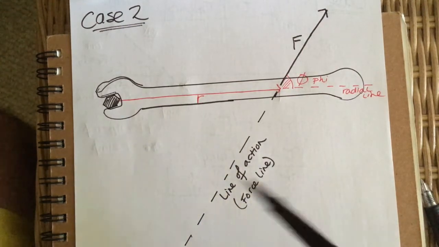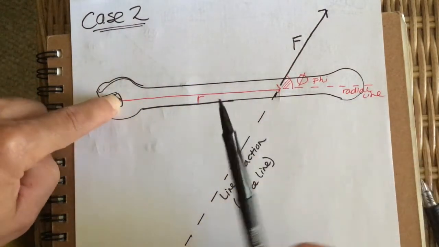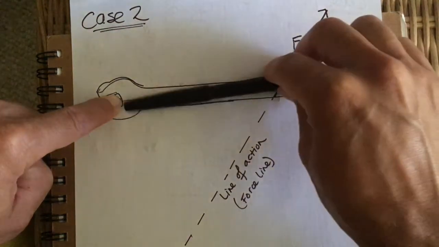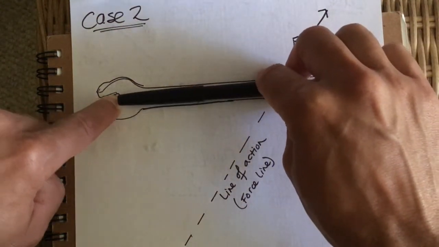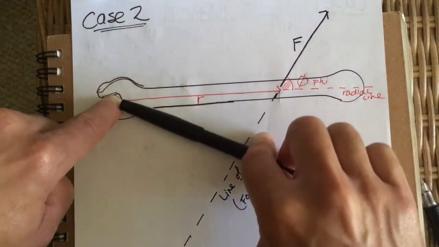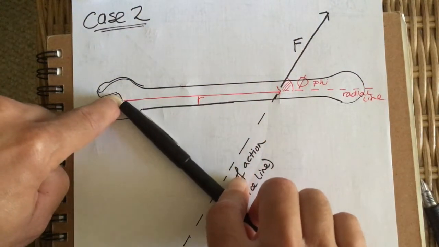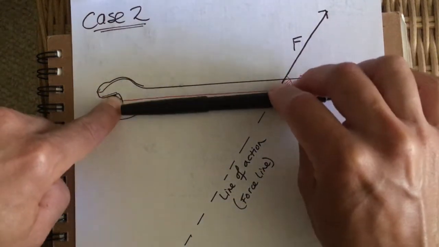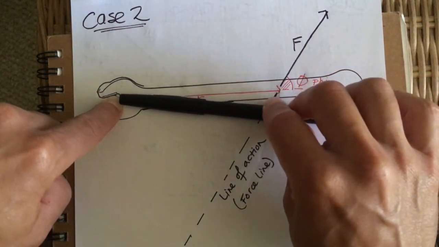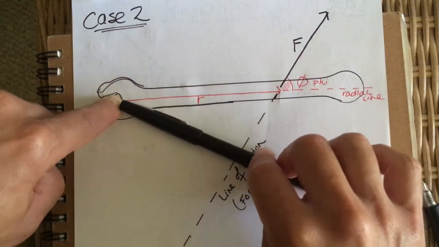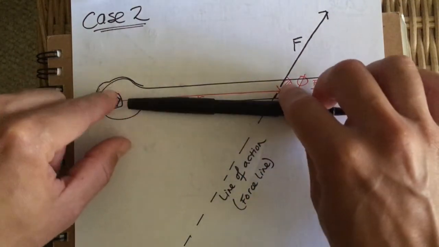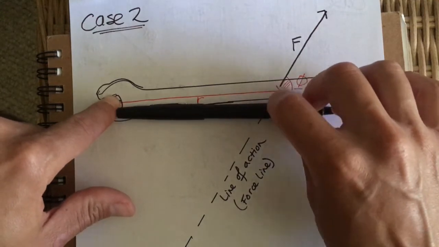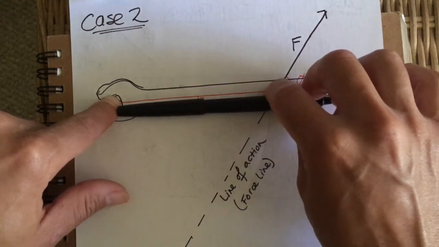The trick to finding it is you find your pivot and then you start looking at distances. Like if I took my pivot and just drew a straight line from the pivot to the force line, where is this line the shortest? So right here it's longer, and if I move this way it's shorter. I'm talking about this distance from the pivot to where the force line is.